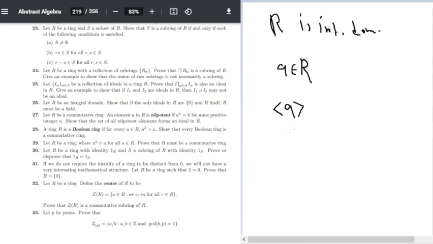If A negative 1 does not exist, then the principal ideal of A, which contains 0, is not equal to R. Actually, we do have to be slightly more careful about that.